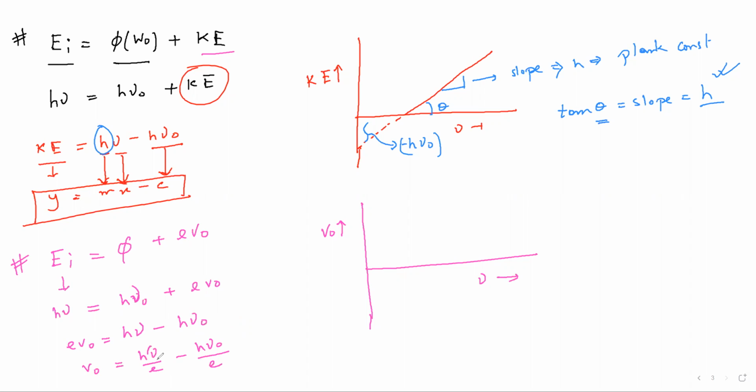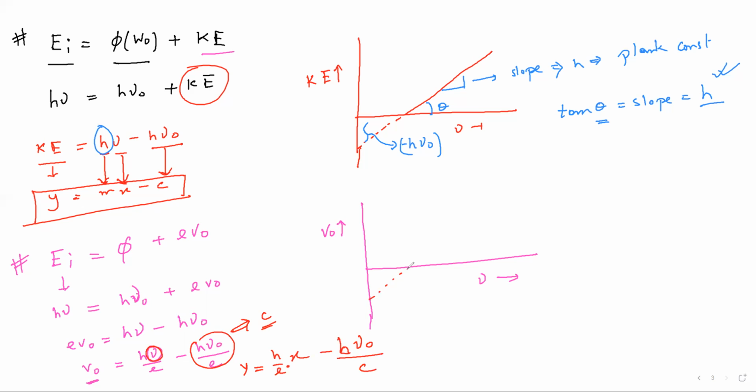Now look, V naught I am taking on the y-axis and nu I am taking on the x-axis. So what is the value of m? h by e. This is the slope, and this one is basically the intercept, h nu naught by e.